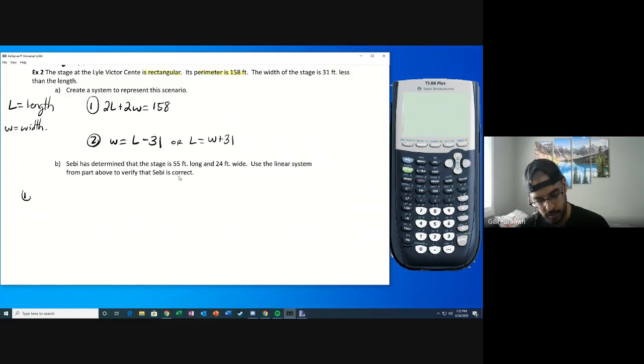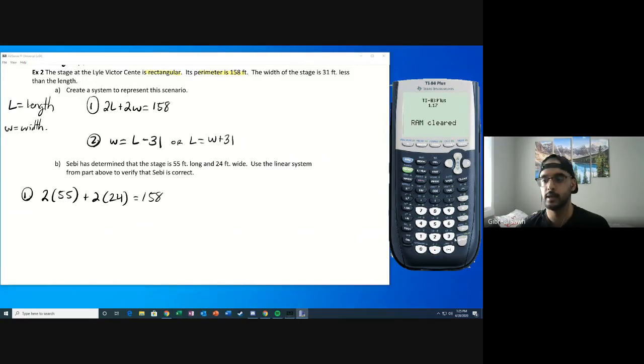So equation 1, we'll check that. 2 times the length, 55, plus 2 times the width, 24, equals 158. So 2 times 55 plus 2 times 24 has to equal 158, which it does. So 158 equals 158. That part checks out.